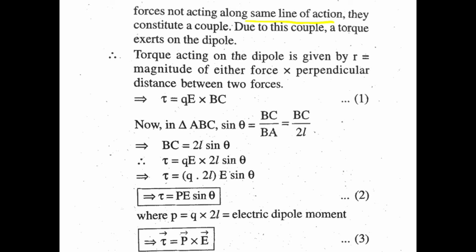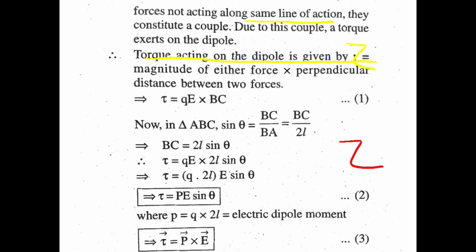That forms a couple or torque. Now, therefore, the torque acting on the dipole is given by tau is equal to, this symbol is tau.